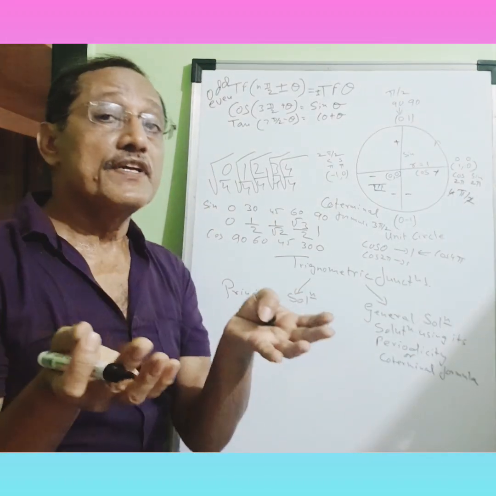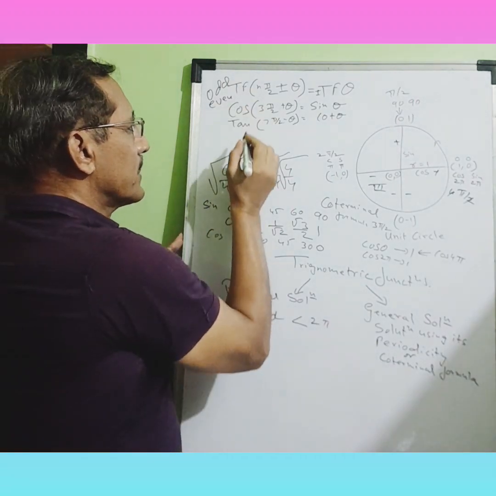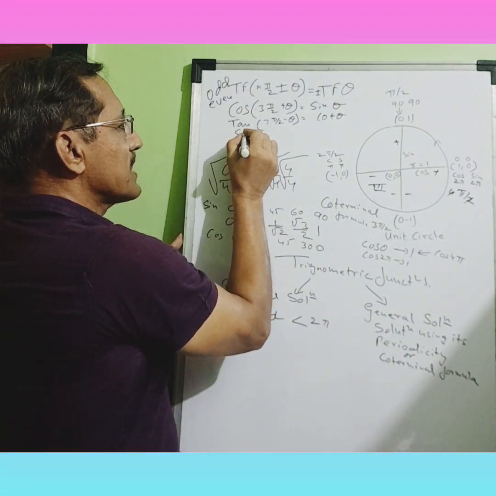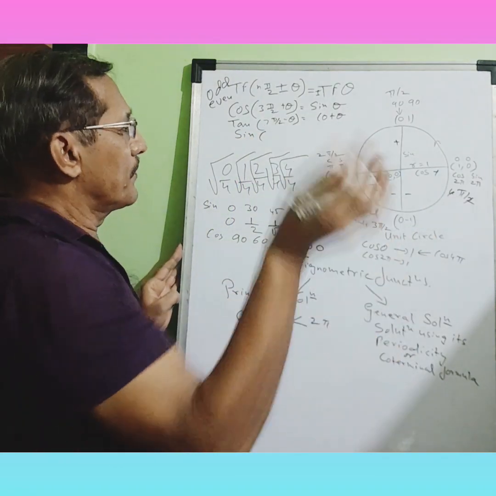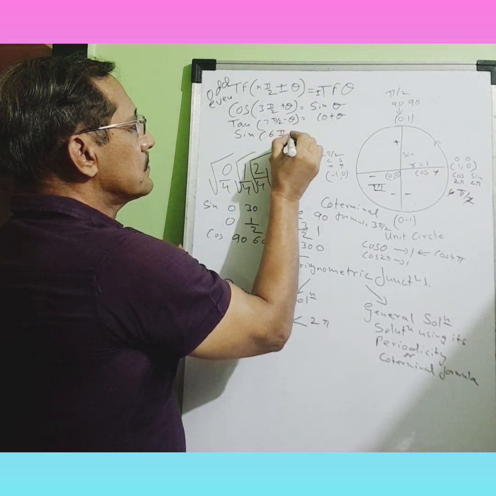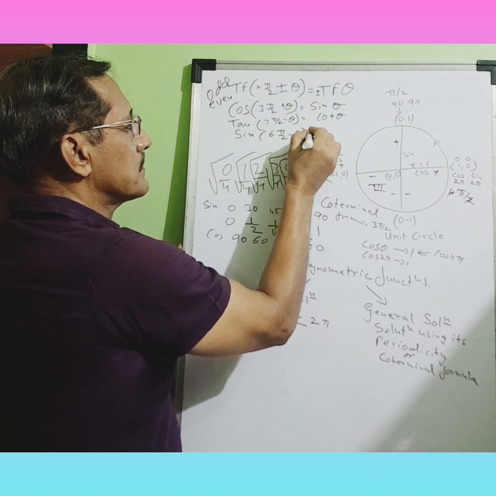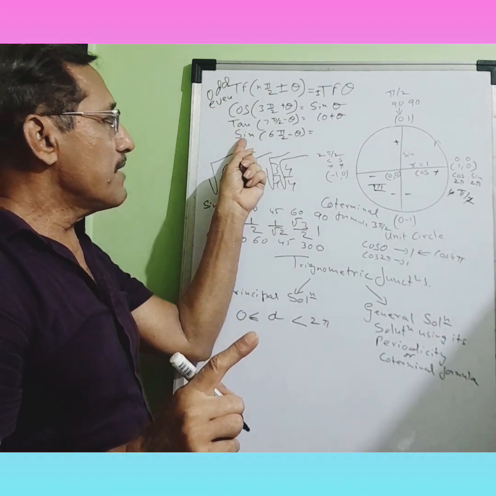What happens if we choose an even number? Now there it was cos, so let me choose sine here. What number do you want me to take? Maybe I'll take 6 pi by 2 minus theta. Mind you, in case of even, the same function remains.